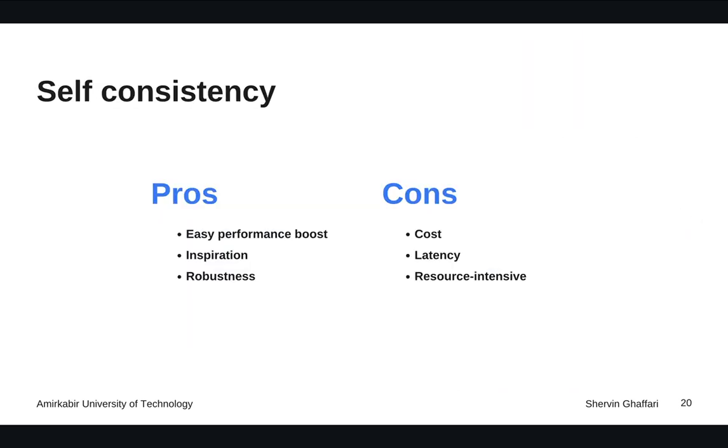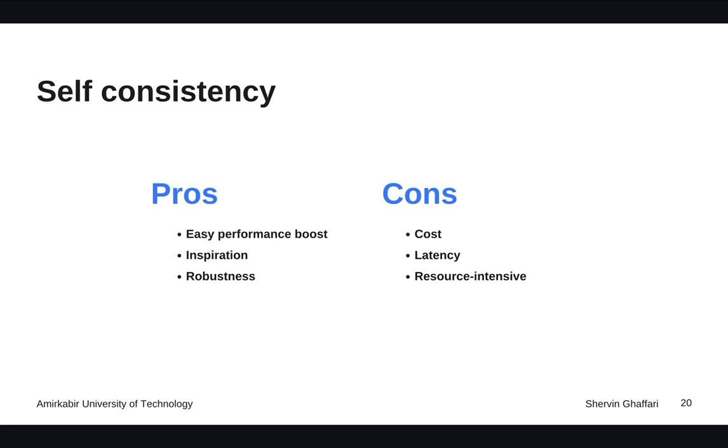There are some pros and cons for this self-consistency. For advantages, it's an easy performance boost. It doesn't need any training or expensive computation. It's inspired from the way you think about the problem.